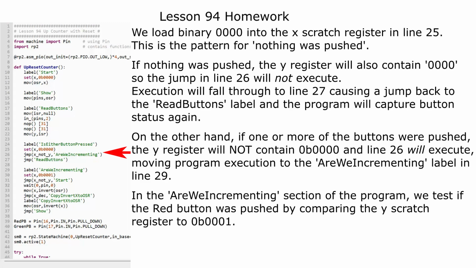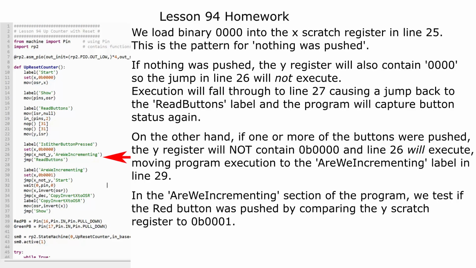If nothing was pushed, the Y register will also contain 0000, so the jump in line 26 will not execute. Execution will fall through to line 27, causing a jump back to the read buttons label, and the program will capture button status again.